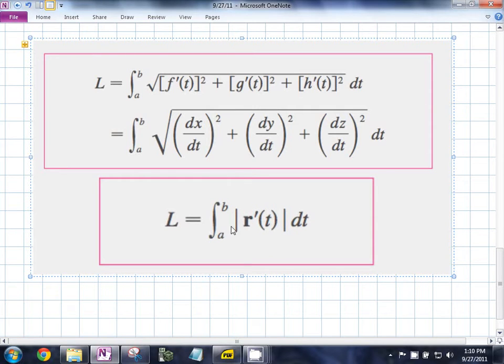To get the magnitude, you square it, and then you take the square root, you sum the squares. That's the shorthand way, so you'll see that written instead of writing this whole big thing. Because r of t is f of t i plus g of t j, and the derivative of that. So that's just shorthand.